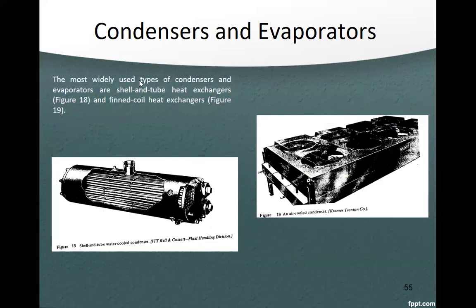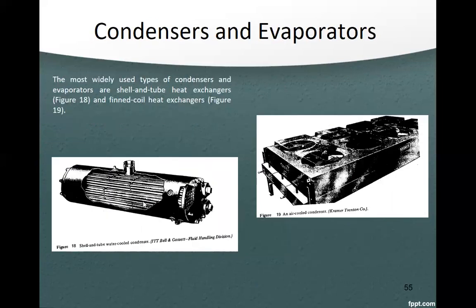Next are the condensers and evaporators. Dalawang heat exchanger ito. So, the most widely used types of condenser and evaporator are the shell and tube heat exchanger and the fin coil heat exchanger. Ito yung mga condenser itong dalawa.